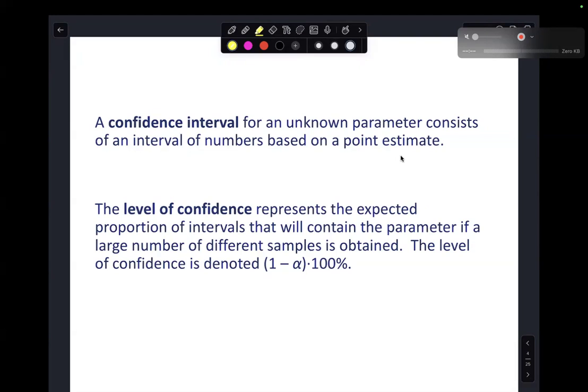Now, let's say I only need to be 90%. I can have a little bit smaller interval that would contain it, but I'm only 90% sure that it is in that interval. So my level of confidence just tells us how sure that that interval actually contains the population parameter. We're going to dig in a little bit deeper. Hopefully you'll understand it by the time we're done.